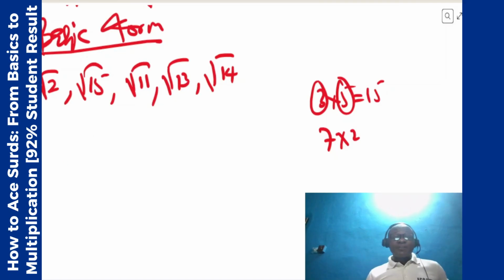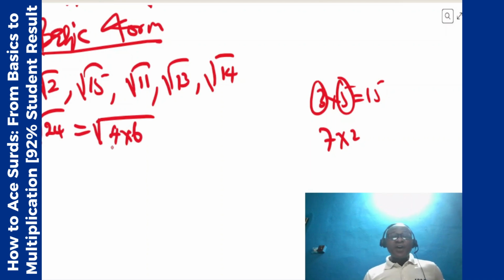But when I now give you something like, let's say, square root of 24, it is not in basic form, because you can use 4 to multiply 6 to get 24. That 4 that you could use is what we call the perfect number, that which can divide 24.